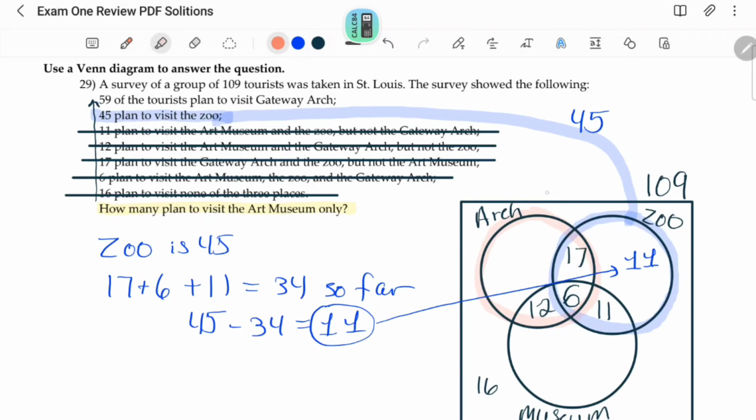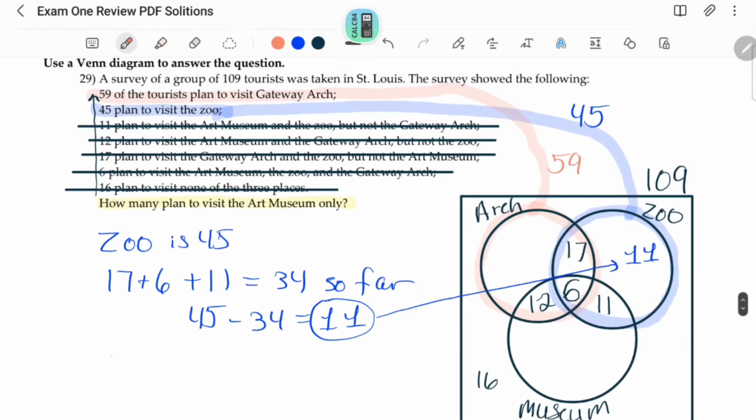So that means this entire circle must add up to 59 tourists. All right, what's wrong with my pen? So now we know the arch is 59.